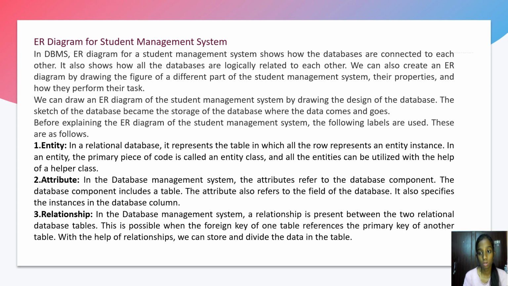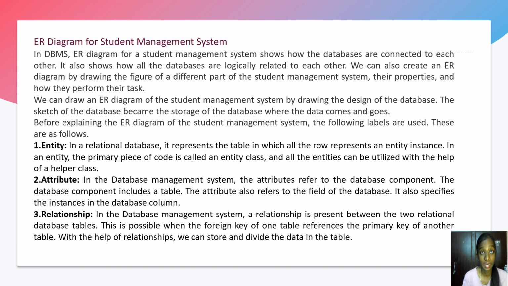We can also create an ER diagram by drawing the figure of different parts of the student management system, the properties, and how they perform their task. We can draw an ER diagram for the student management system by drawing the design of the database and a sketch of the database. In the ER diagram of the student management system, the following labels are used: entity, attribute, relationship, and so on.